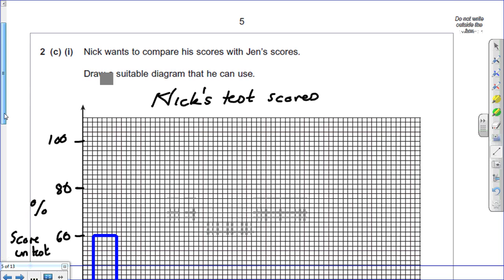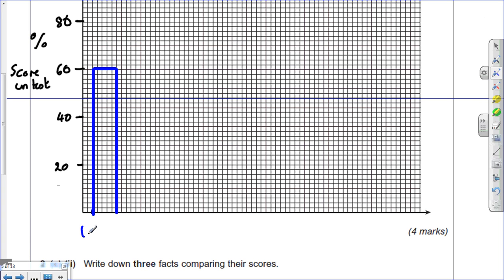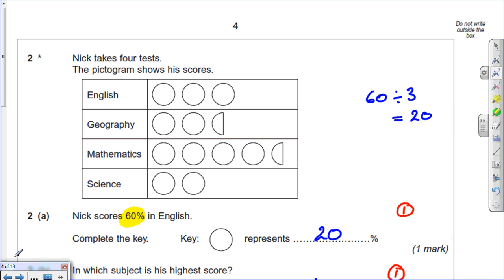Now, what were his other scores? I think his other subject was geography. Our scale says that each of these circles represents 20. So we've got 20, add 20, and half of 20, so that's 50. So for geography, he got 50.